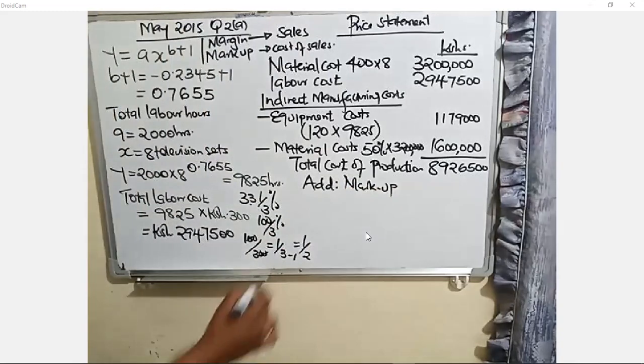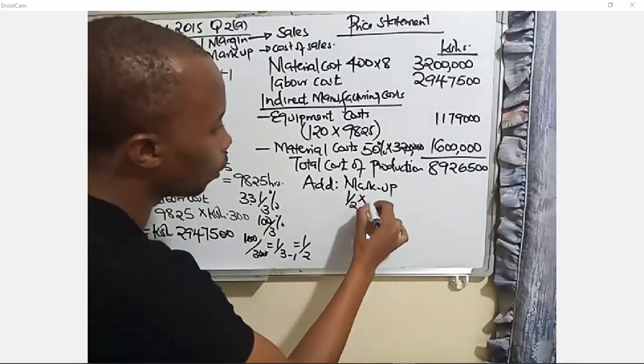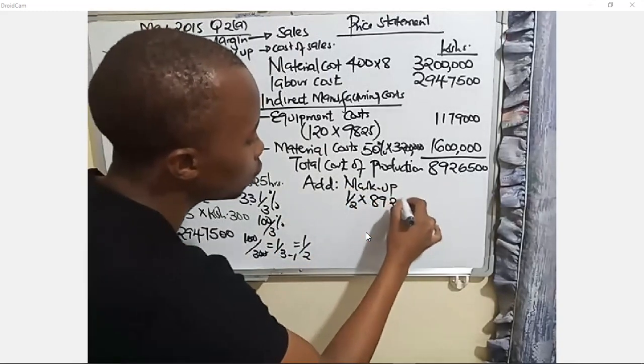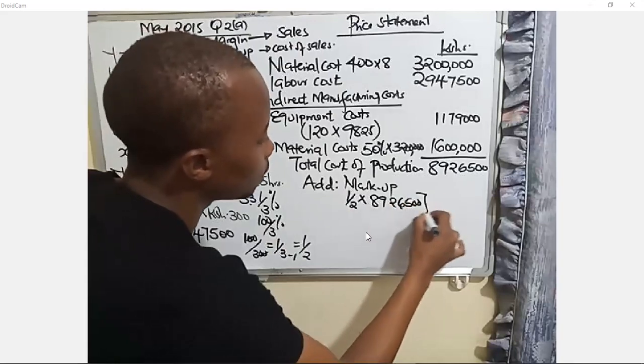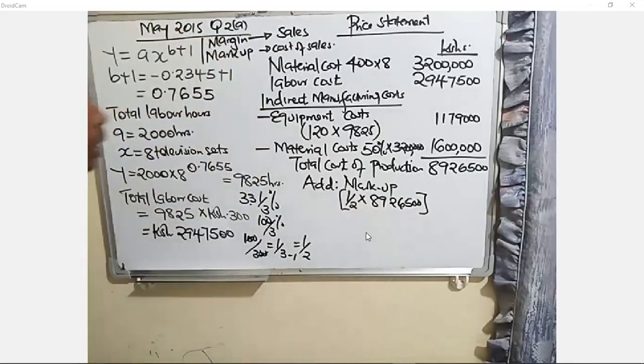So I just need to add my markup. I take a half of 8,926,500.